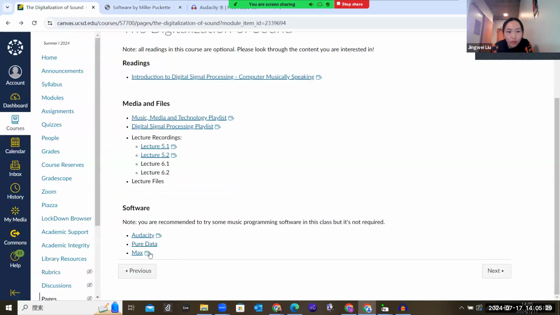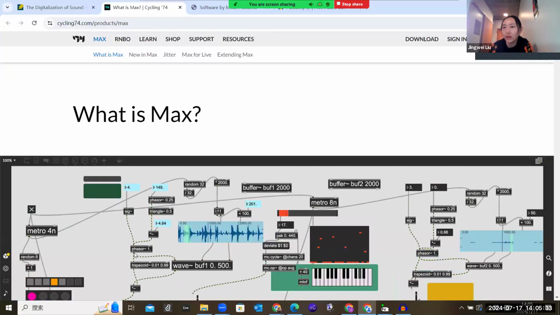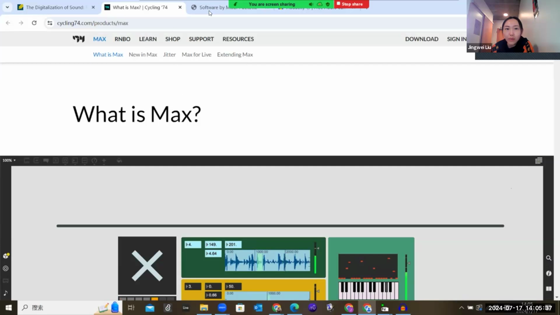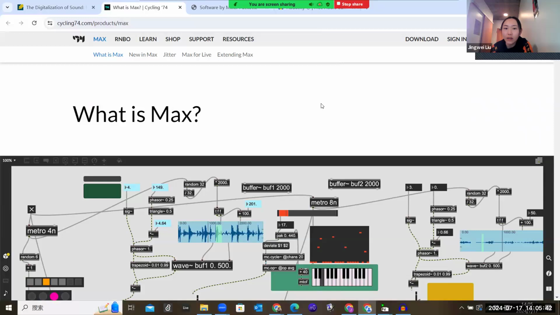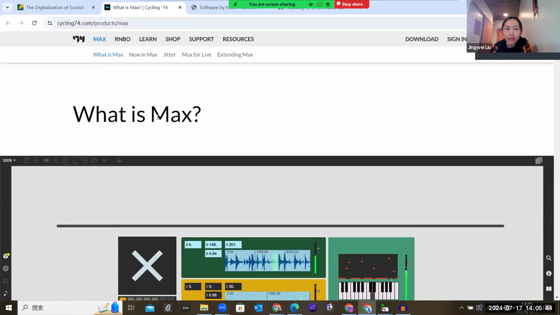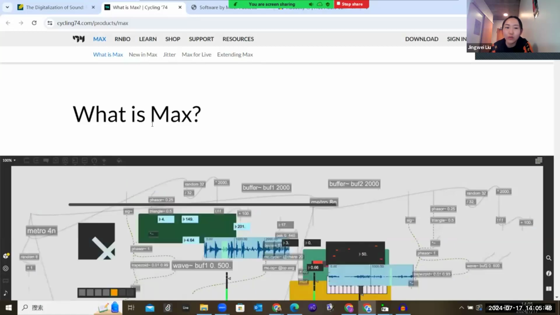Another software is Max. We won't use Max because I personally don't use it, but Max and Pure Data are actually the same kind of operating system. Max is more commercially oriented, therefore you need to buy it.